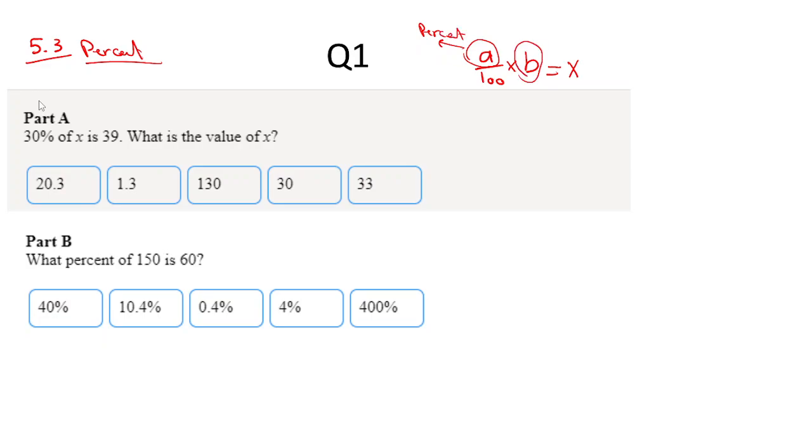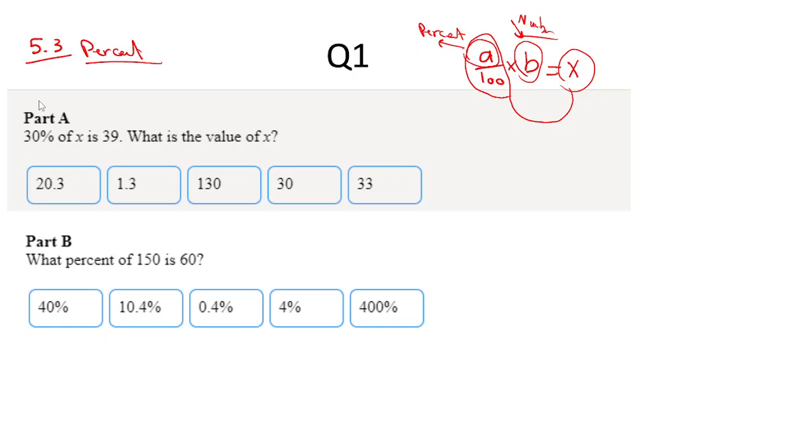B is the number or whole number. X is the value of the percent of the whole number. So let's have a quick question now.